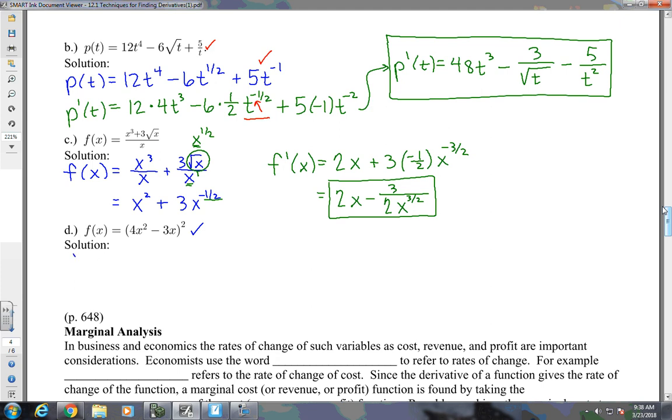So before I differentiate, I'm going to prime this function so that it's in a good format to apply the rules that we know to this point. So I'm just going to multiply everything out. If we have 4x squared minus 3x quantity squared, it simply means we're multiplying that binomial by itself twice.